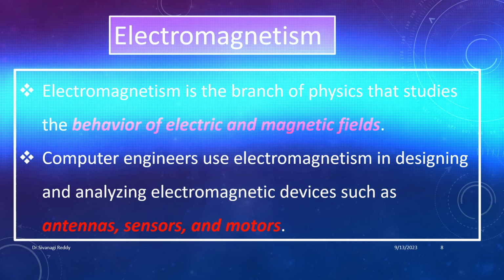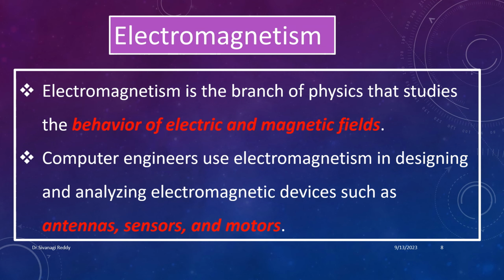Then electromagnetism. Electromagnetism is very crucial, especially for engineering students whenever they are using antennas, sensors, and motors. Electromagnetic theory plays the crucial role. How a sensor, motor, or antenna works, and what the basic principle behind it is, all comes under electromagnetism, which is an integral part of physics. We have to understand the behavior of electric and magnetic fields in order to explain how these antennas, sensors, and motors work.